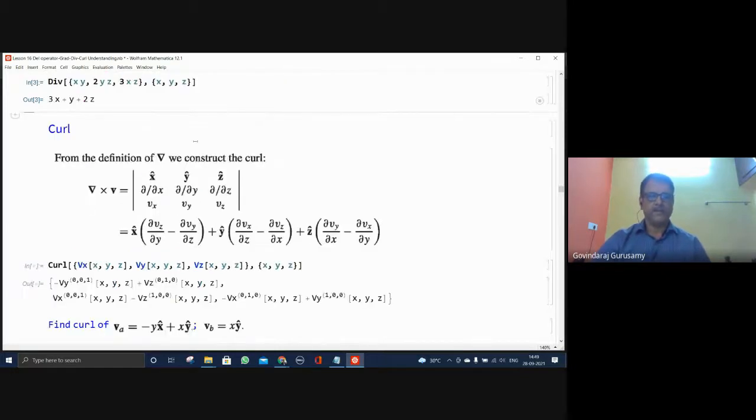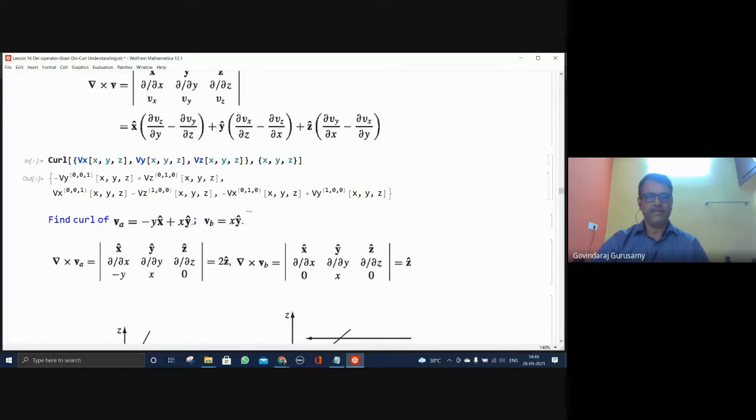Okay, the curl is defined by this del operator. And this is what your expansion is, which we represent in the determinant form. Find out the x, y, and z component. And it has been shown here, curl of Vx, Vy, and Vz with respect to x, y, z, because Vx is a function of x, y, z, Vy is also a function of x, y, z, Vz also a function of x, y, z.